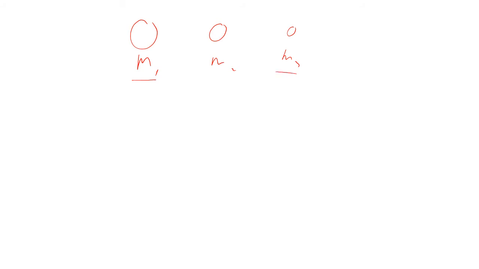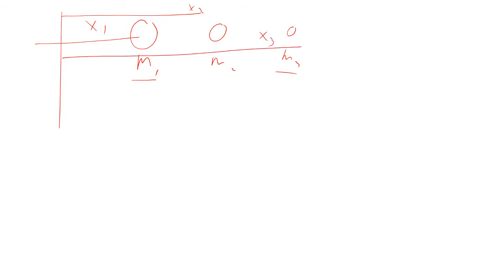So I'd put an origin somewhere and say this is x1, that's x2, that's x3. And so I do a weighted average. I'd say the x position of the center of mass is going to be m1x1 plus m2x2 plus m3x3, where the bigger mass counts more, the smallest mass counts less.